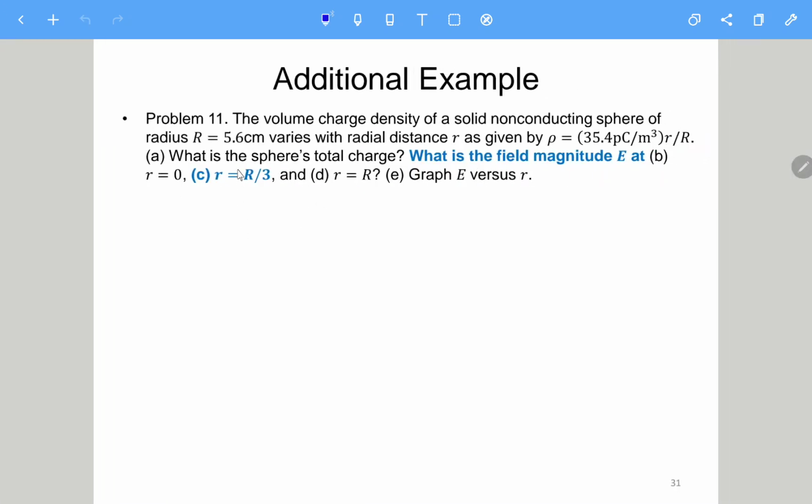And then r equal to capital R over 3. Okay, so this is not easy, because we need to recalculate Q enclosed again.